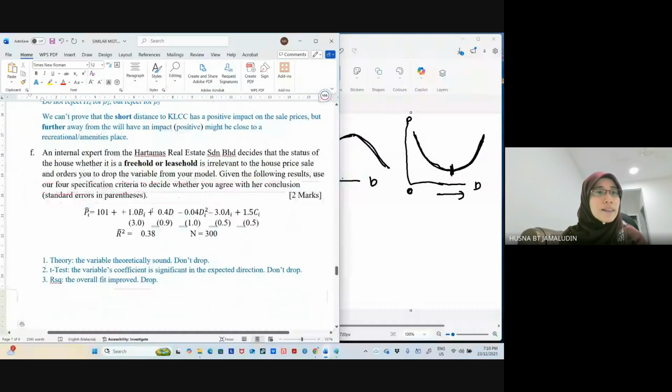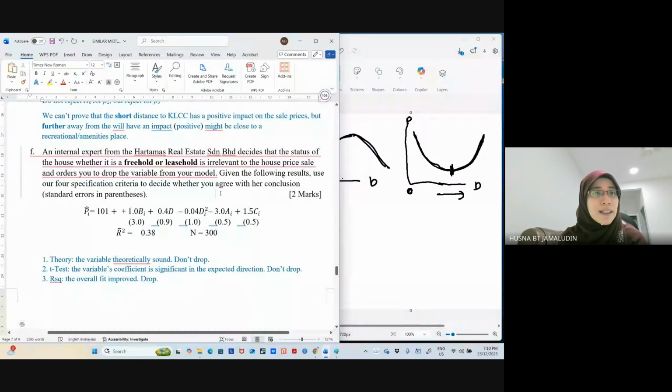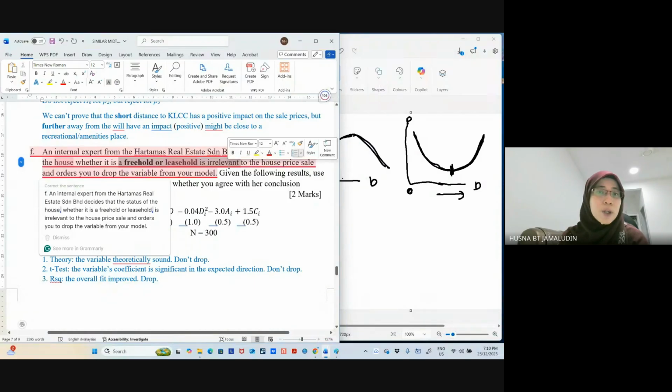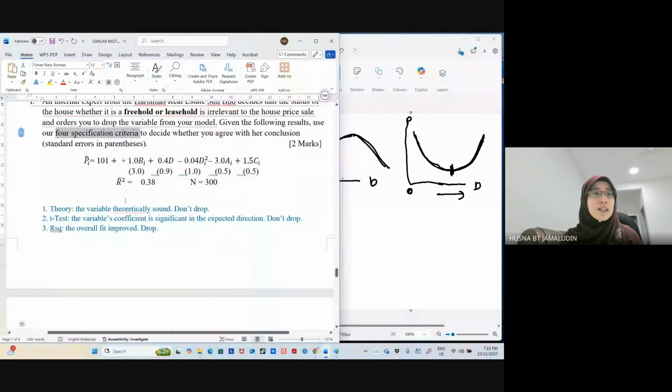Okay, and then the same thing here. This expert says that freehold or leasehold is irrelevant, or maybe they want to drop one variable or they want to include another variable. So what you gonna do? Remember, if you want to add or drop the variable, you have to consult with these 4 specification criteria. Okay, so you mentioned Jerry. Jerry said theoretically sound. Don't drop. So if it says that theoretically supported, what should you do?